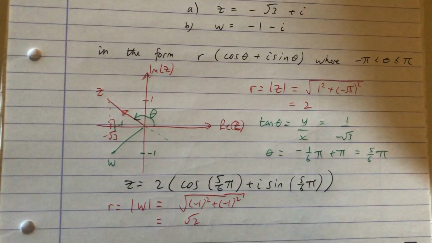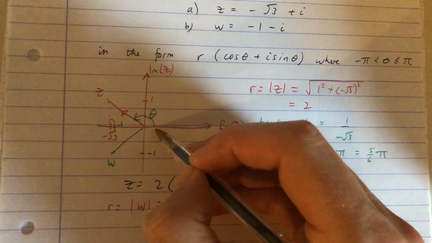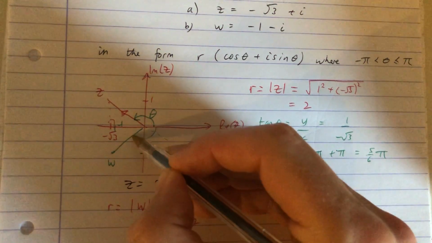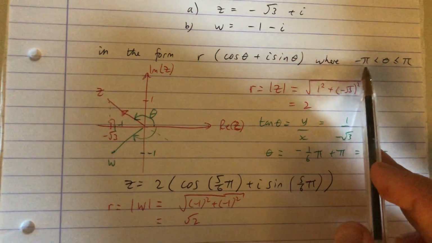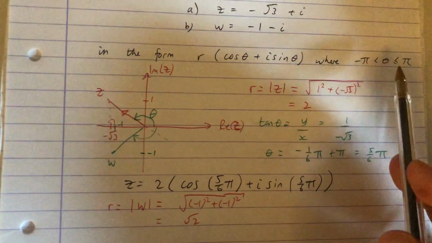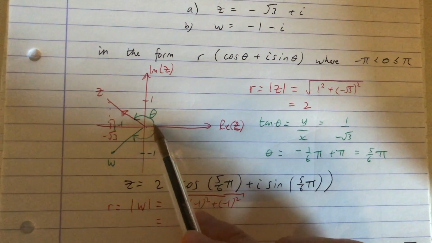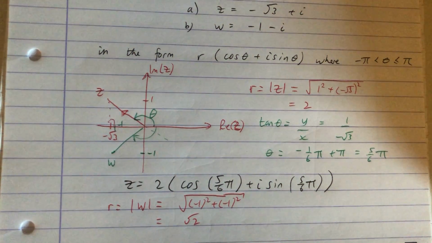If you call the angle, this one's a little bit annoying actually. You want to work out this angle, because if you look at it, it tells you the angle they want is minus pi to plus pi, which is called a principal argument. And if I went past pi, I get a secondary argument instead, not a principal one.